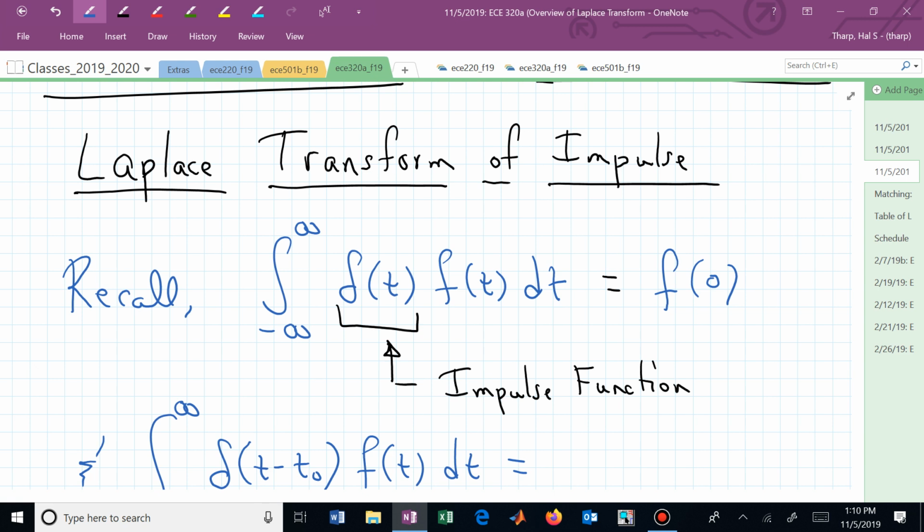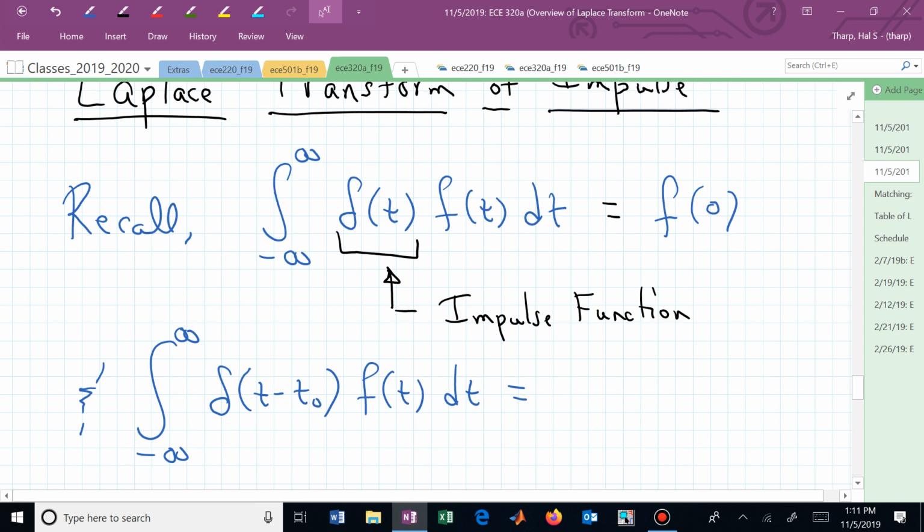But let's look at a different one then. Slightly different. What's this integral evaluate to using the same thought process? Think about when that impulse is on or active and when it's off, and how that would influence what you see as a result of performing this integration. When is that impulse going to be on?